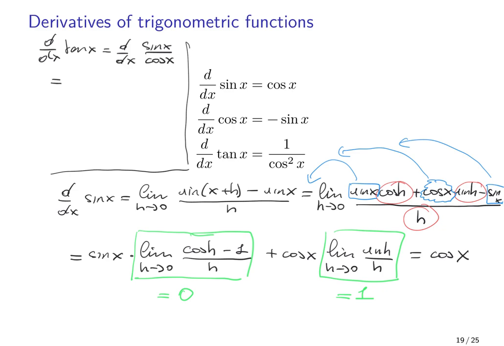So here use your quotient rule. So you're going to have sine prime of x times cosine x, minus cosine prime times sine x, divided by cosine squared. Now you know the derivative of sine is cosine, so the first term here becomes cosine squared x.